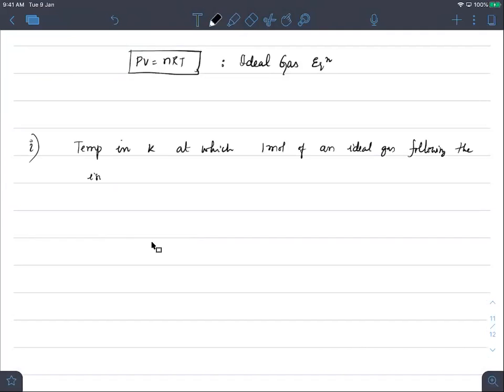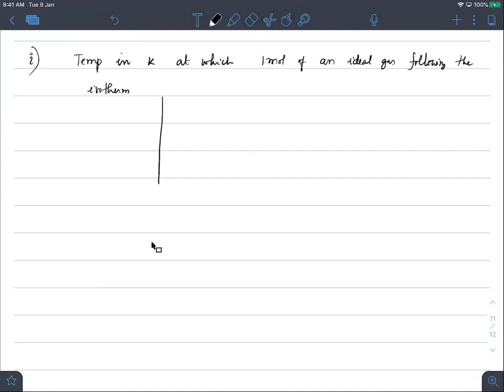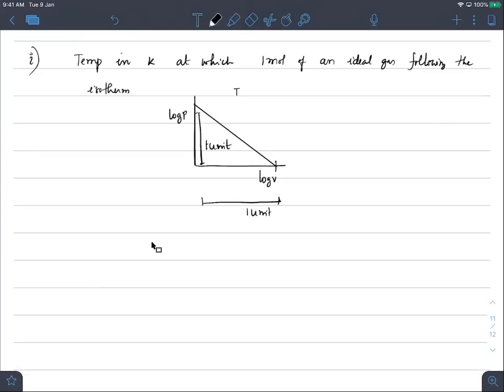You know what an isotherm is? Isotherm means constant temperature. The graph given is log P versus log V, drawn this way. The unit here, this entire distance, is 1 unit, and this entire distance here is also 1 unit. This is how the question is given.